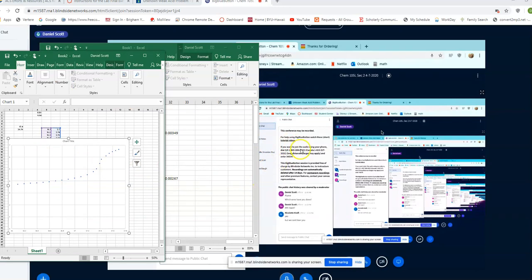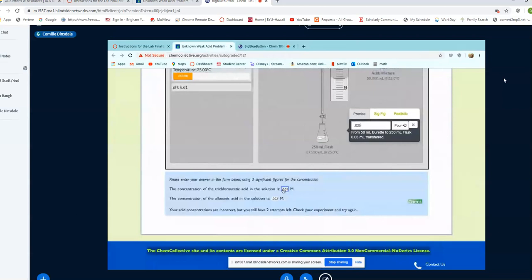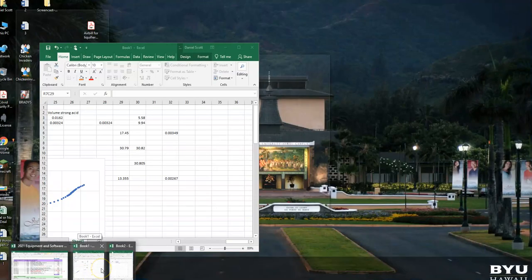So let's see. What did we guess last time? 0.00348 and 0.00268. Do you want to try that? It's like 0.003. It's the same answers if you do it with 17.35 or 17.4.